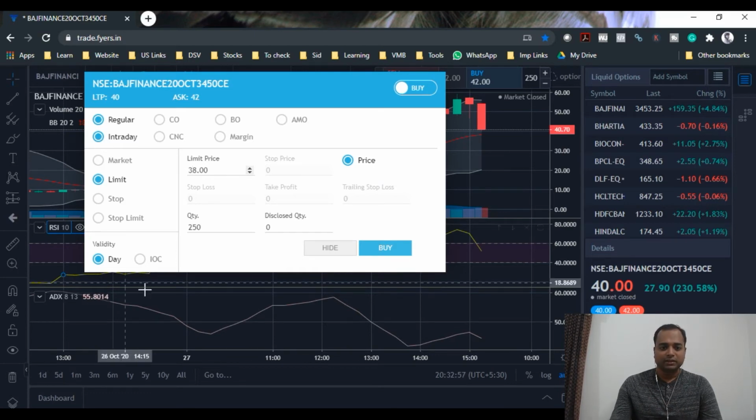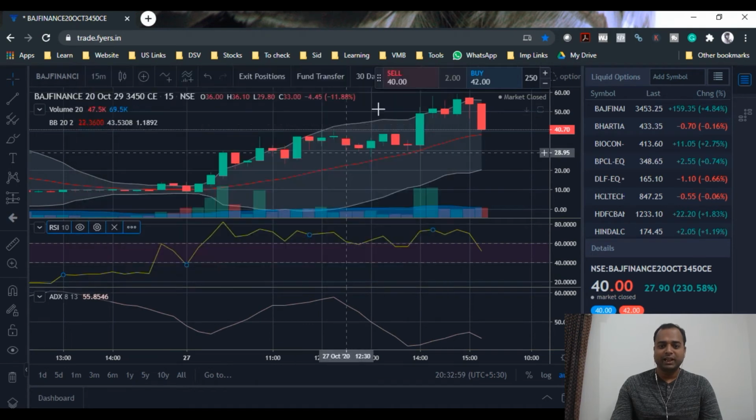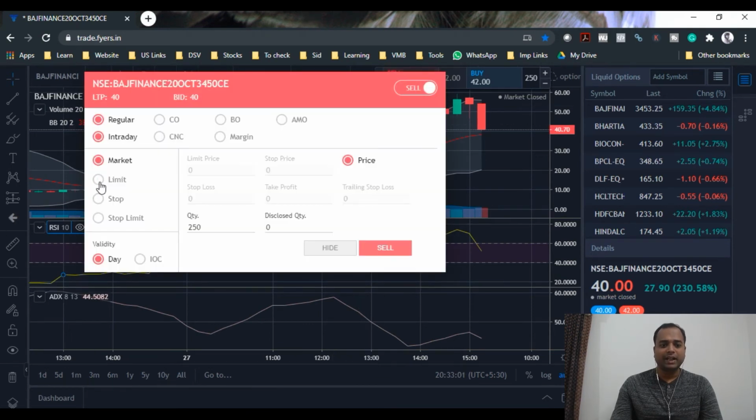Same way, when you want to sell, at the time of sell also you can specify that you want to sell only at a particular price. So let us say you bought at 38 and you are now going to create a sell order. In the sell order you can have a limit price, and you want the contract to be sold only at 45 rupees, not less than that.